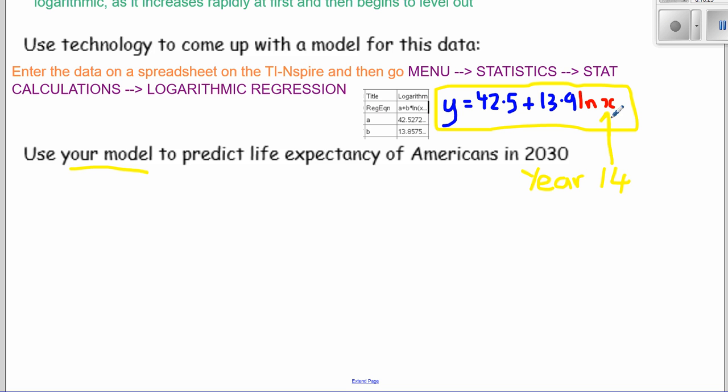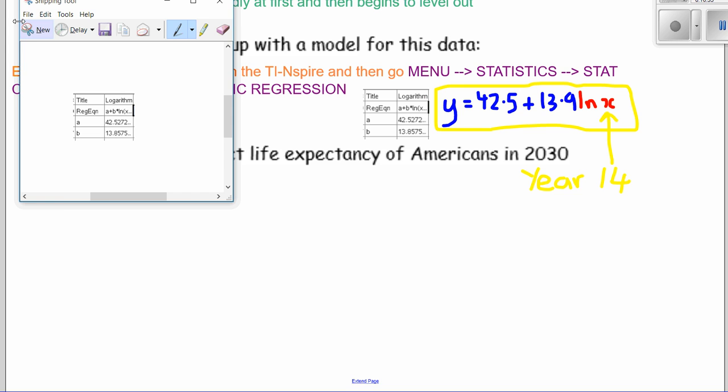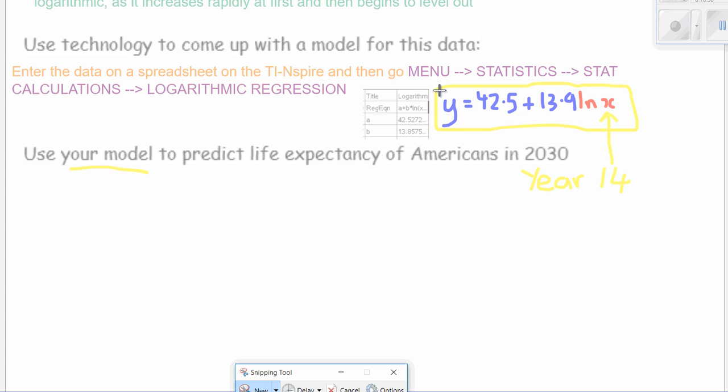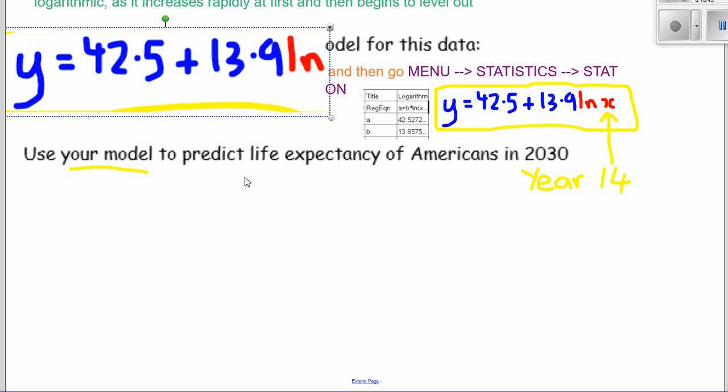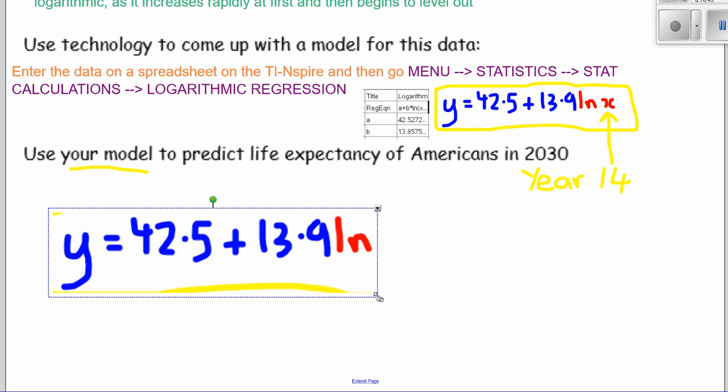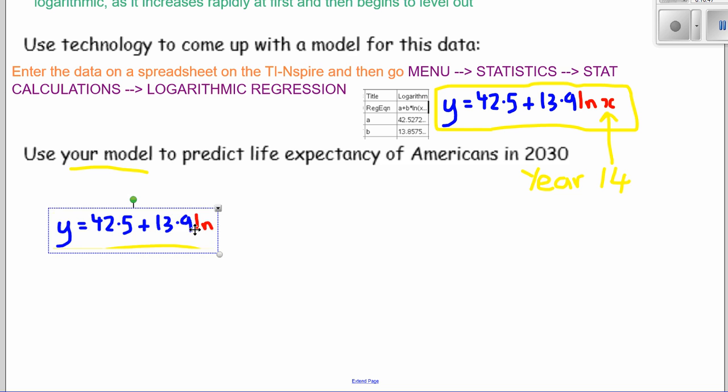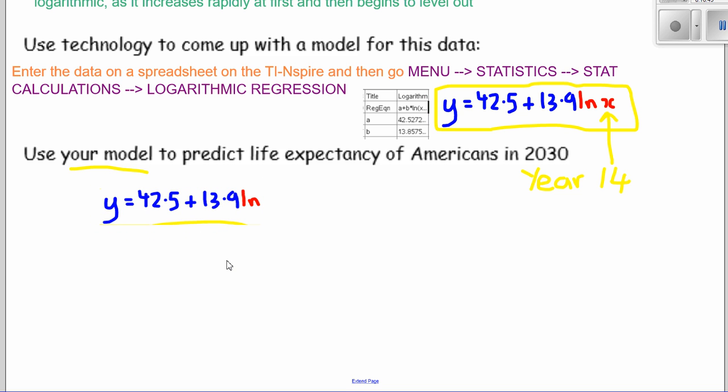So you can go y equals, I'm just going to be lazy, it's not on the board, so I'm just going to grab this stuff to begin with. Plug it down here. So we're going to start to use a model. And for x, I plug in 14.